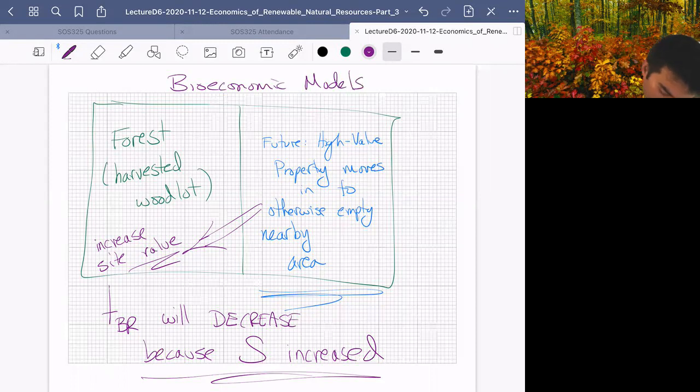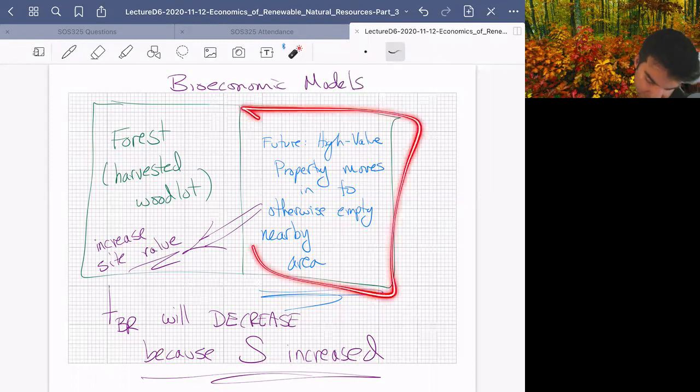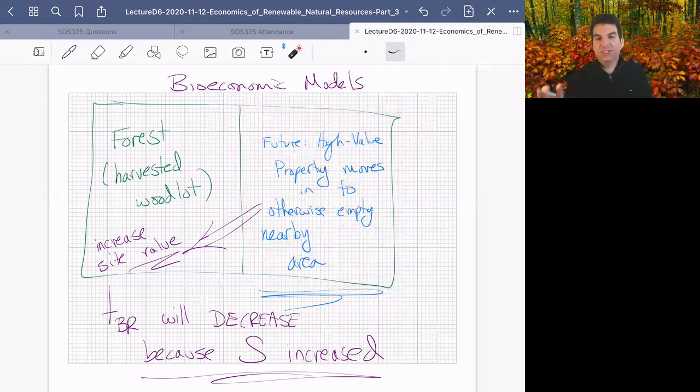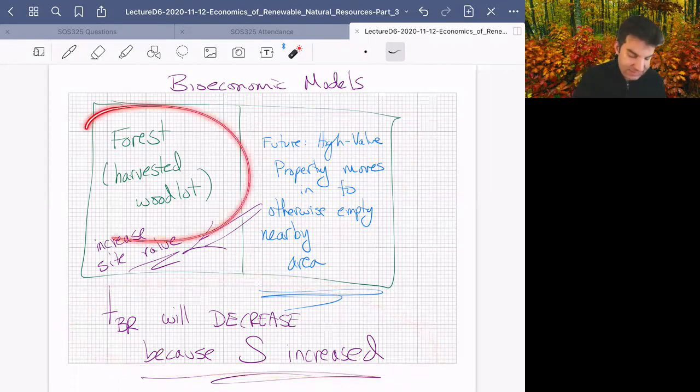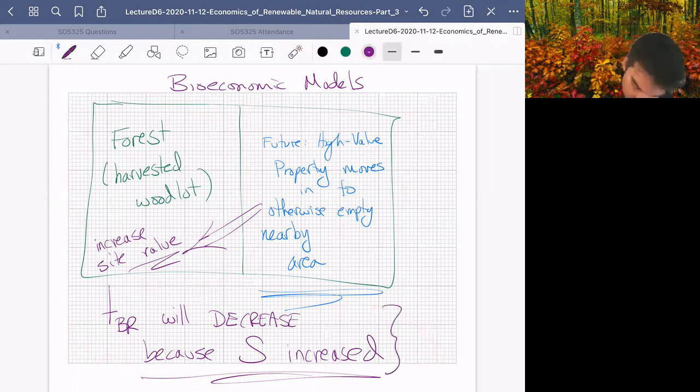And so when you account for the ecological impact of this in your ecological impact statement, your environmental impact statement, you really need to consider these economic effects, because something that used to be old growth might go from old growth to new growth.